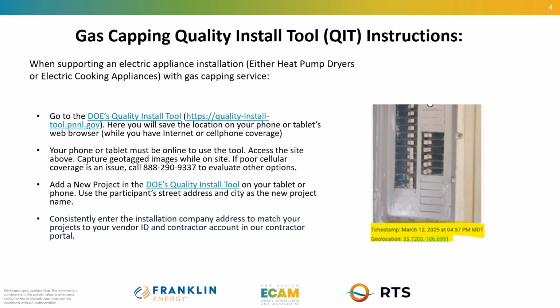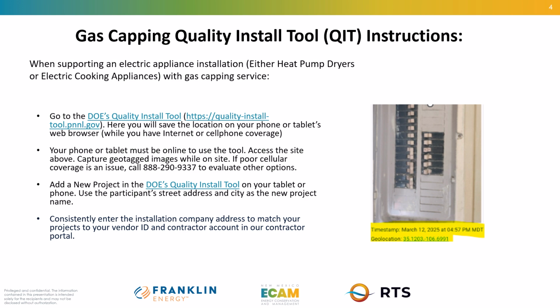When supporting an electric appliance installation, either heat pump dryers or electric cooktop appliances with gas capping service, go to the DOE's Quality Install tool, or QIT. Here you will save the location on your phone or tablet's web browser while you have internet service or cell phone coverage.